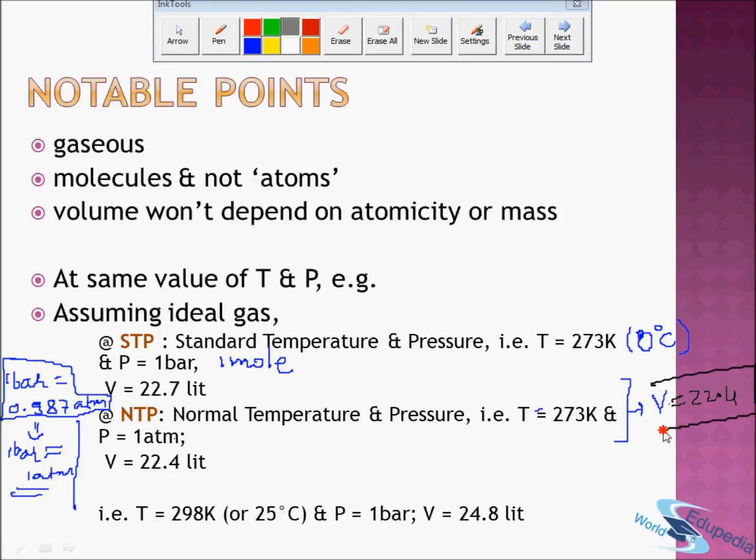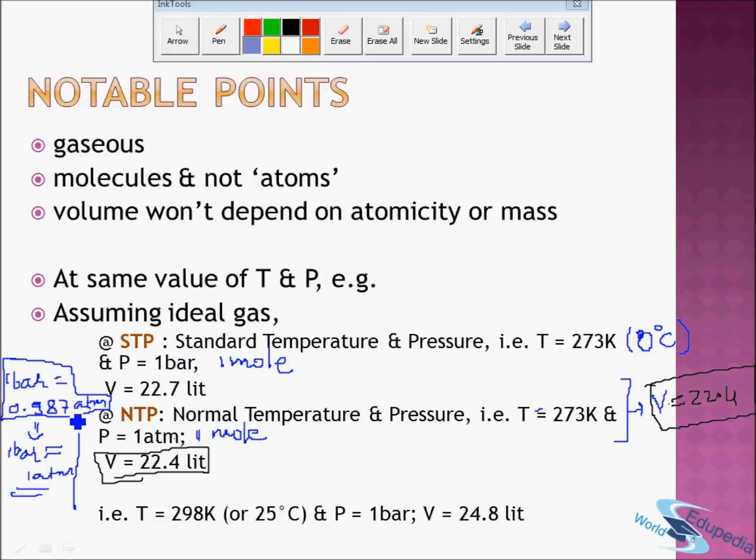So you have to remember this. We don't take it to be 22.7 liter. We always take it to be 22.4 liter. It's just an assumption. You know that actually STP and NTP are different conditions. At STP pressure is 1 bar, whereas at NTP it is 1 atm. So the volume occupied by 1 mole of any gas will be slightly different under both conditions. Here it is 22.4 liter and here it is 22.7 liter.